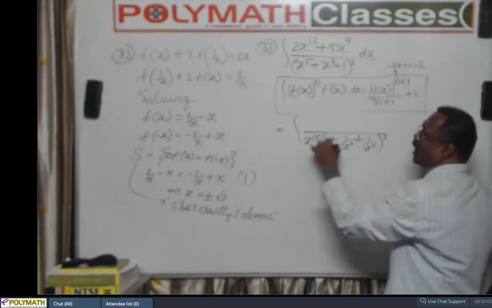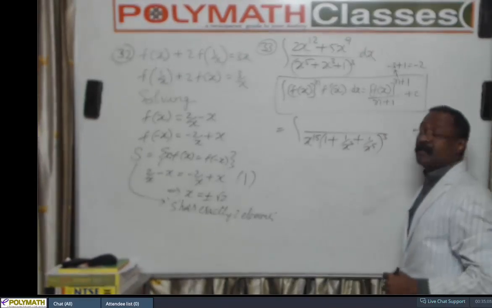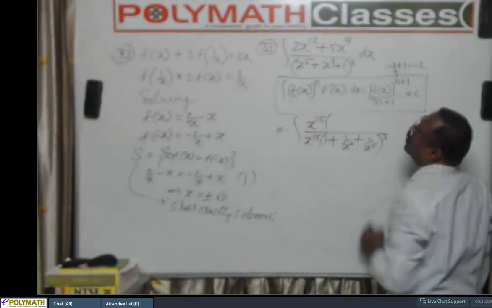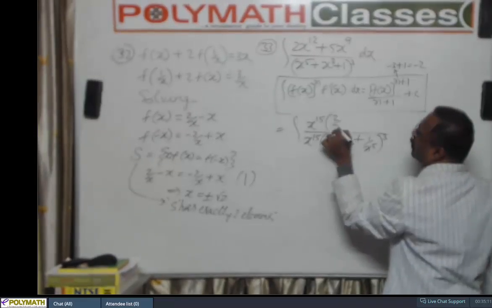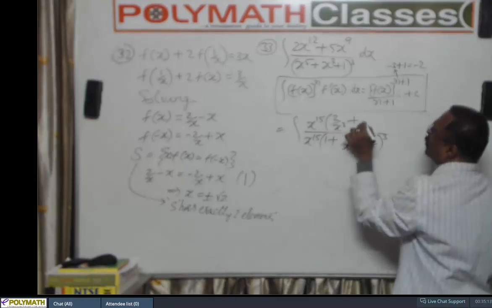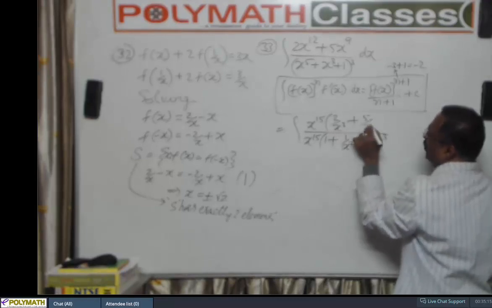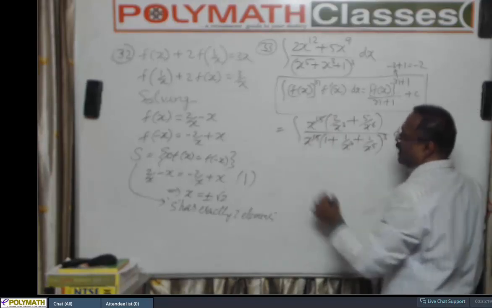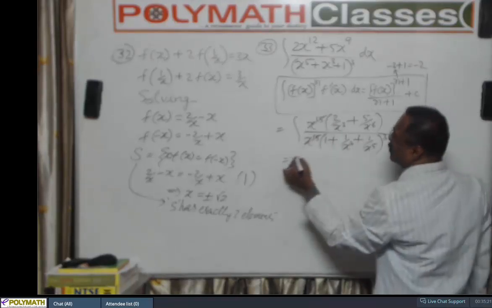Because you have x power 15 in the denominator, forcibly take that common in the numerator also. x power 15 taken common, and it becomes 2 by x cube, and it becomes 5 by x power 6 dx, and thereby these two are getting cancelled, and what are you getting here?